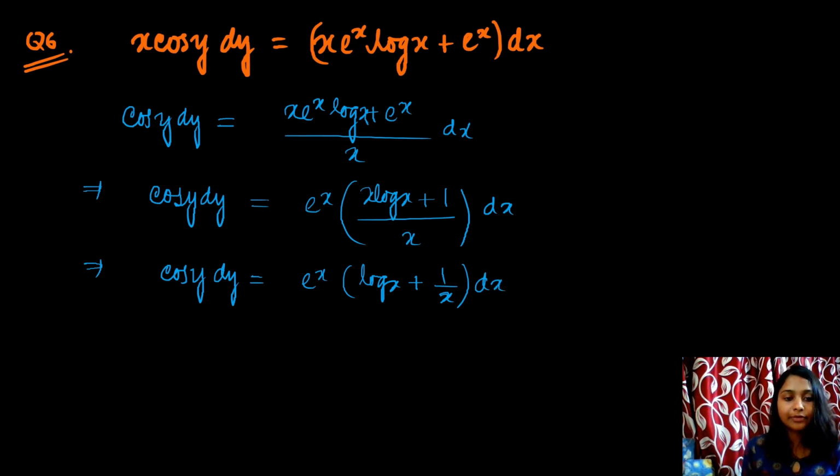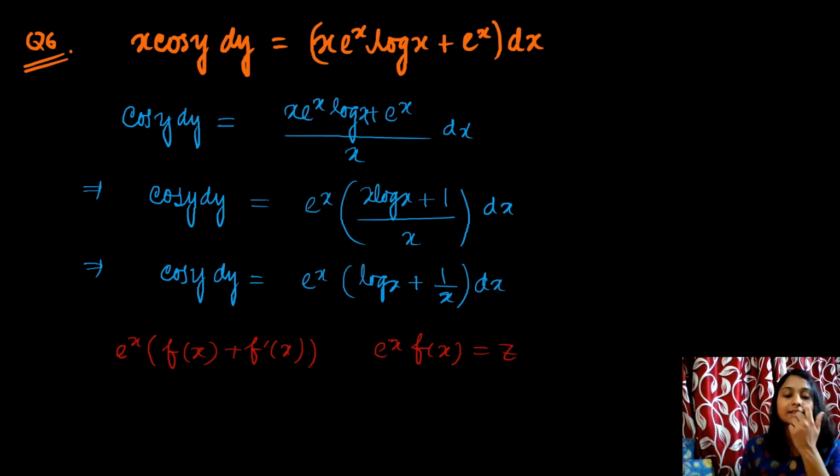Okay, so there is a form like this which, okay, let me erase it. So the form says, suppose we have e power x, a function f(x) plus f dash x, then we need to substitute the e power x f(x) part. So as we can see, the derivative of log x, which is 1 by x, is present here. Therefore, we need to substitute e power x log x.